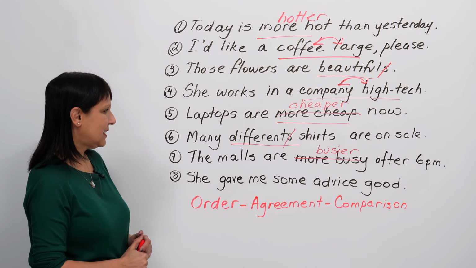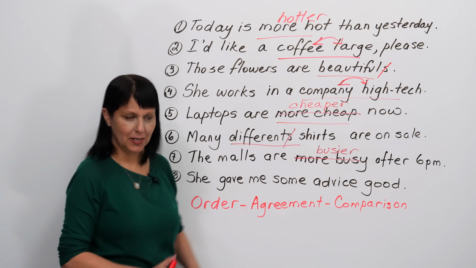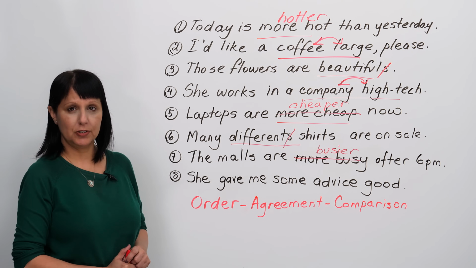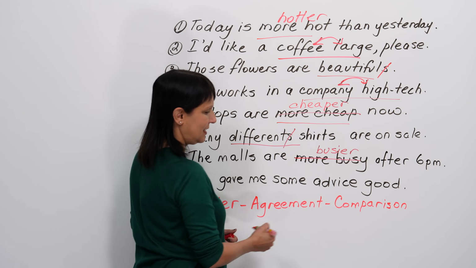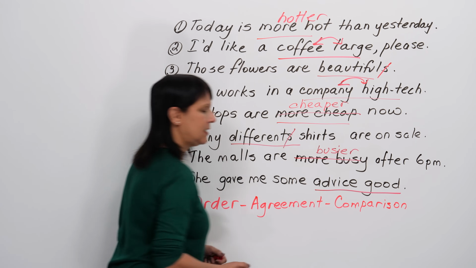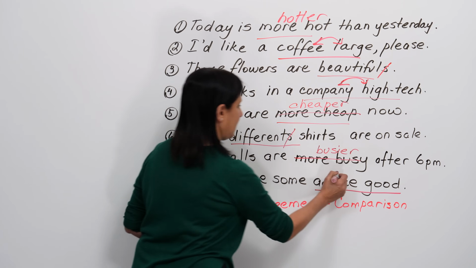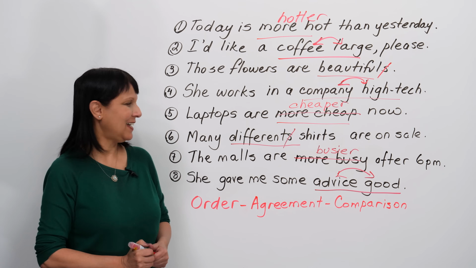And number 8, so that one was a mistake of what? Of comparison, right? And number 8, she gave me some advice good. That's incorrect. You know by now. It should be what? She gave me some good advice. So this was a mistake in the order, okay?